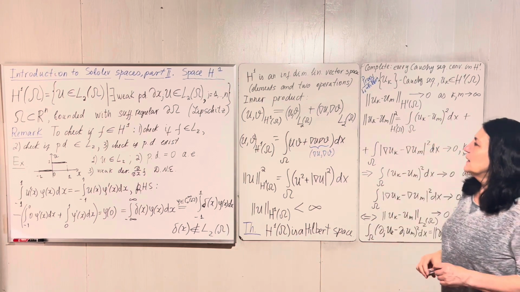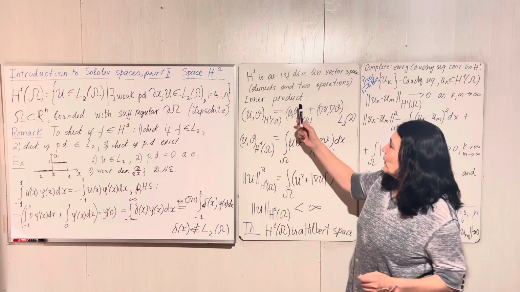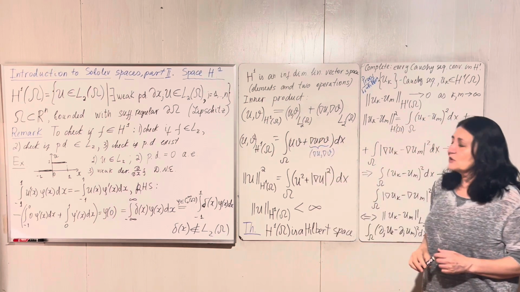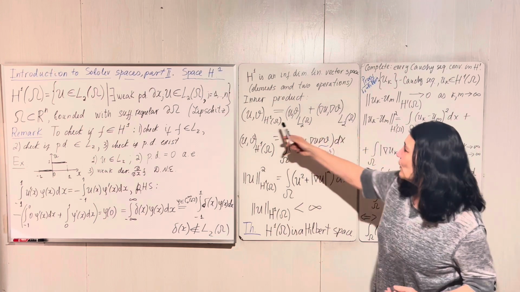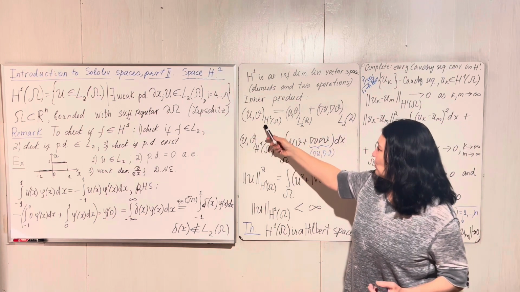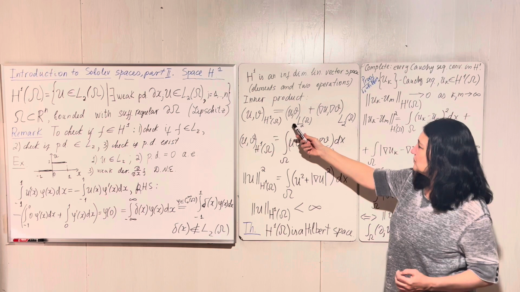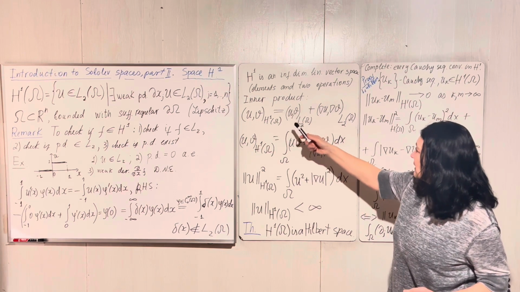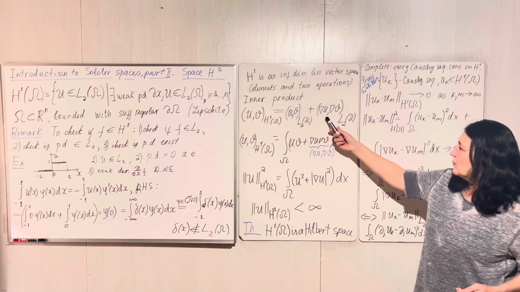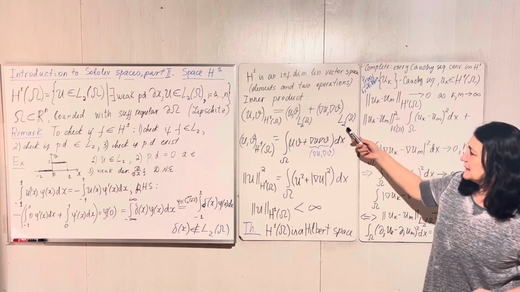And in this space, we can introduce an inner product in such a way. The inner product in H1 would be the inner product in L2 of the two functions u and v, plus the inner product of their gradients in L2.